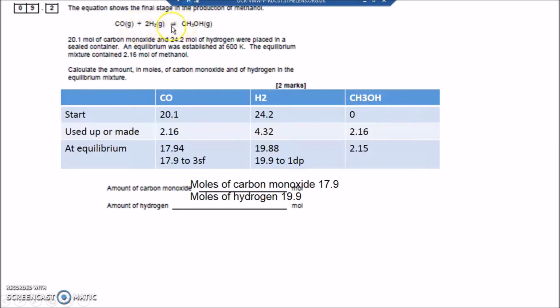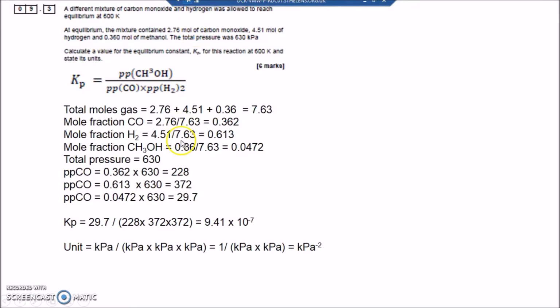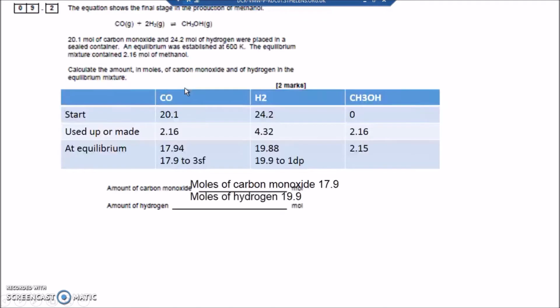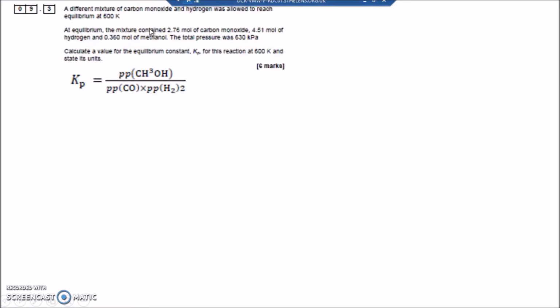It's very, very similar to producing a Kc. Instead of concentrations, you've got partial pressures. So my Kp is the partial pressure of the methanol divided by the partial pressure of the carbon monoxide divided by the partial pressure of the hydrogen squared. It's a squared because there's a 2 here, just like it would be if you're writing a Kc.